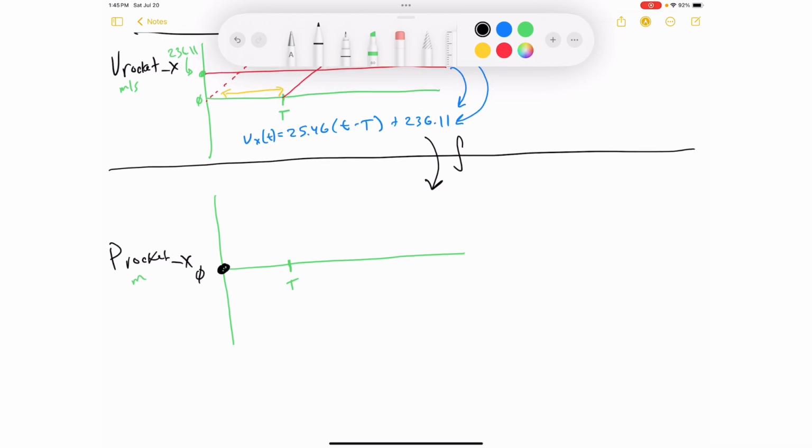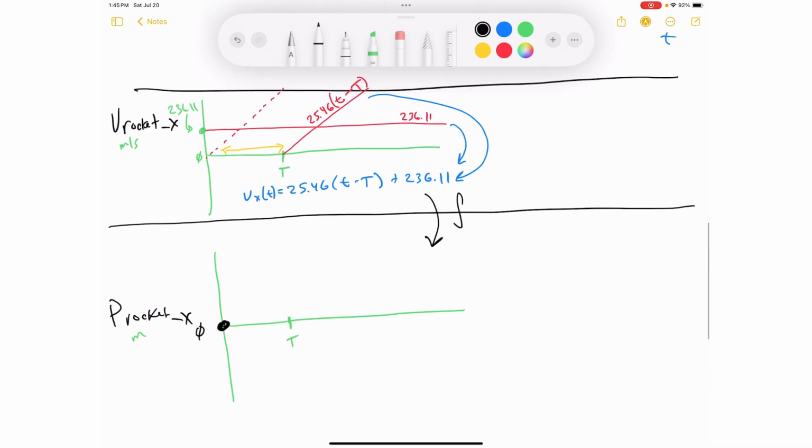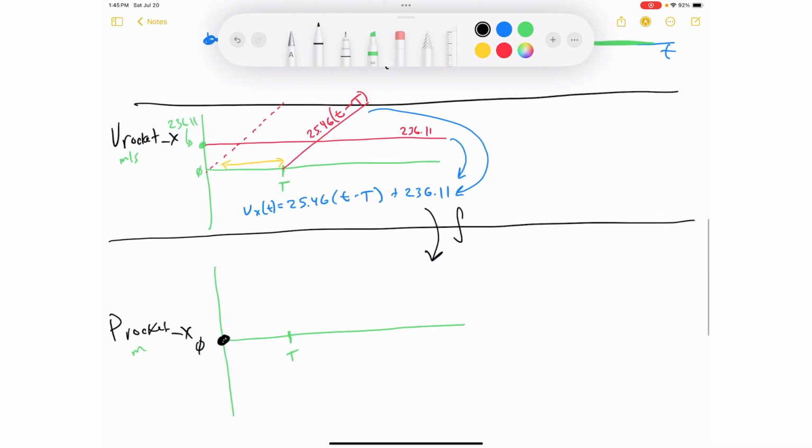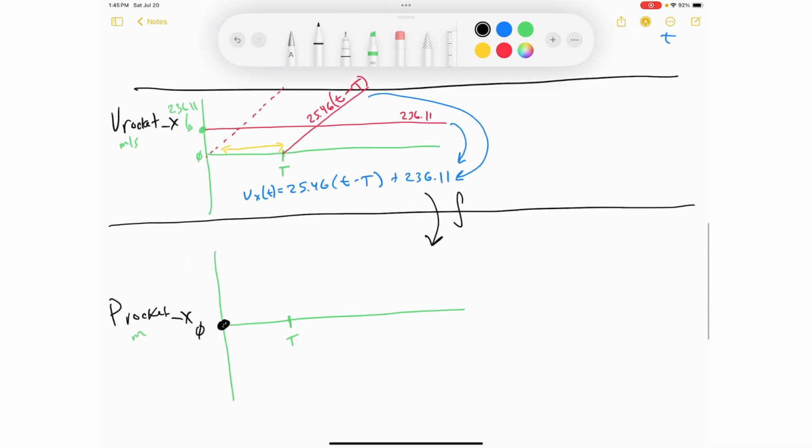So what do I want to do? Well, you could take those two functions I had up here at the top in velocity and integrate both of them individually, and maybe we'll do that. Obviously, you could integrate the whole thing at the bottom, but integrating the composite function is the same thing as integrating the individual functions.